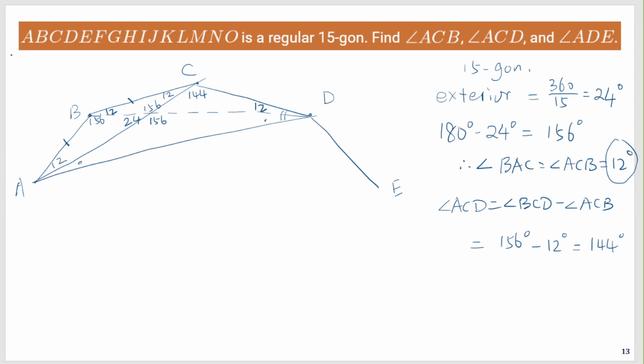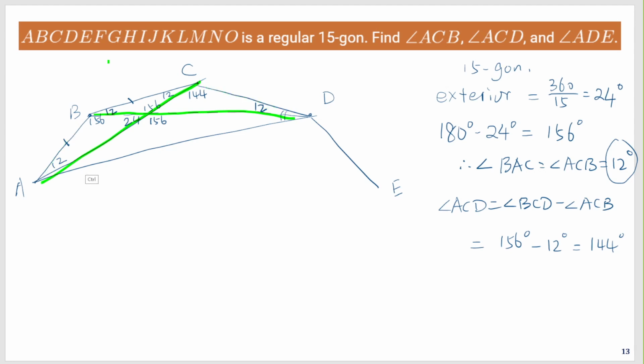We know this angle equals this angle, right? Yes, because we have just proved triangle ABC is congruent to triangle BCD, right? Therefore, this side equals this side. Then they share the same side here, and this side equals this side. Then we can say triangle ABD is congruent to triangle ACD, right?